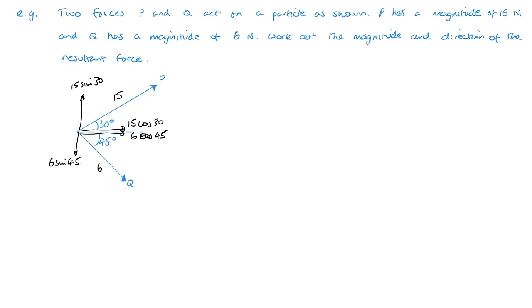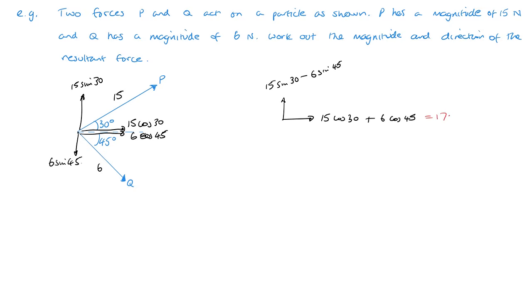So going to the right, we've got 15 cos 30 plus 6 cos 45, and going up we've got 15 sin 30 minus 6 sin 45. So those are my resolved components.